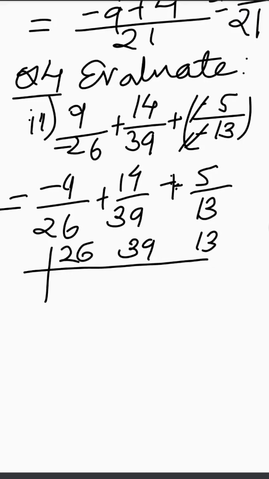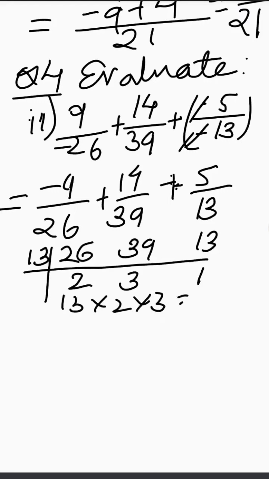These all numbers are divisible by 13. So let's divide it. 13 2s are 26, 13 3s are 39, and 13 1s are 13. Now after this, no two numbers are divisible by any same number. So what is the LCM? LCM will be 13 into 2 into 3. So what? 13 6s are 78. 78, na?